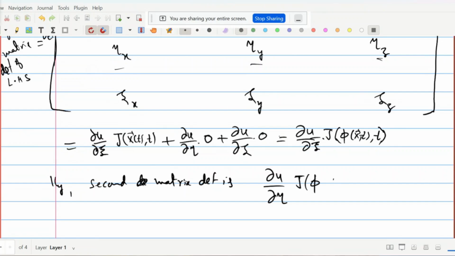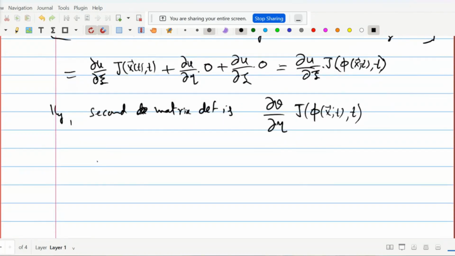I think, sir, ∂v for the second matrix. Oh, v, sorry. That is v, you're right. That is ∂v/∂t. This is your x(t), comma t.